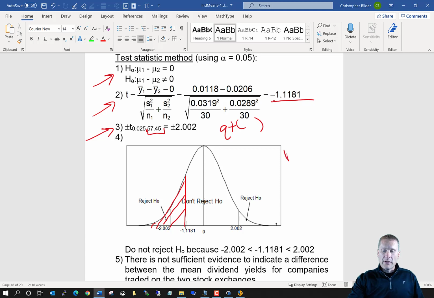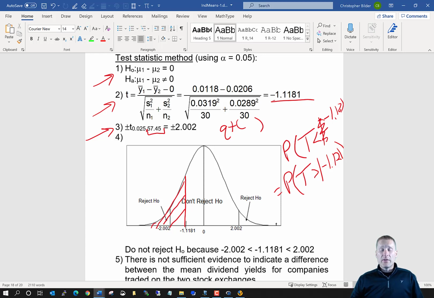That's the probability that t is less than -1.12, or equivalently, the probability that t is greater than the absolute value of -1.12 using the symmetry property of the t-distribution. To find our p-value, we actually multiply this probability by 2 because, again, we have rejection regions on both sides of our probability distribution.